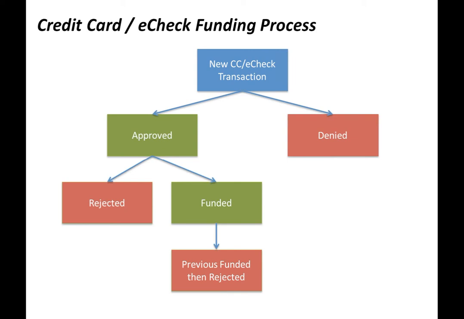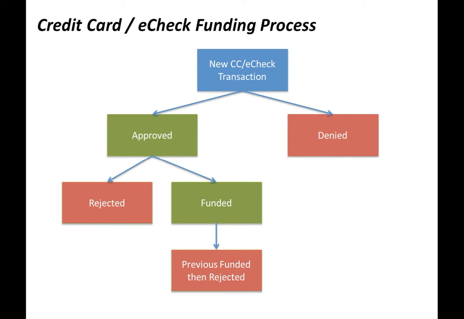Now, if it's rejected, because you're not going to get funds in your bank account for that transaction, AlarmBiller will automatically reject that transaction, reverse the payment out of AlarmBiller, and unapply that payment from that invoice. So it will keep a history record of that payment, but it will show as a $0 amount, because at this point it's been rejected.